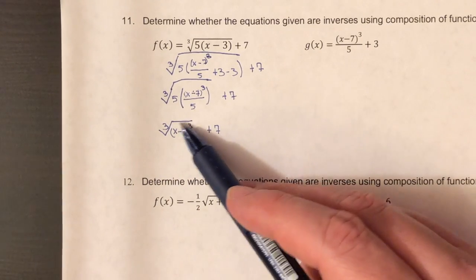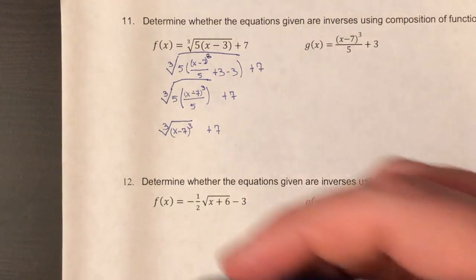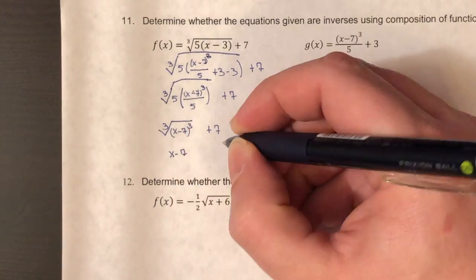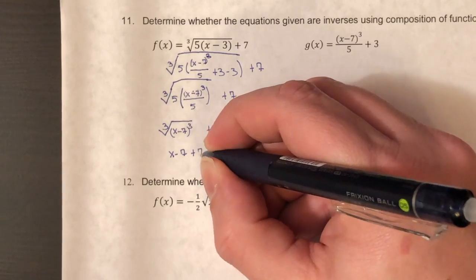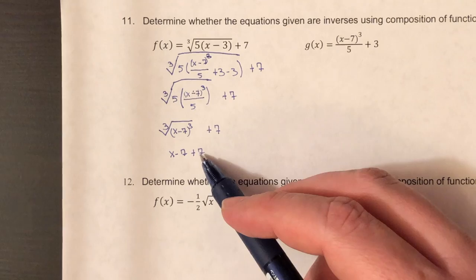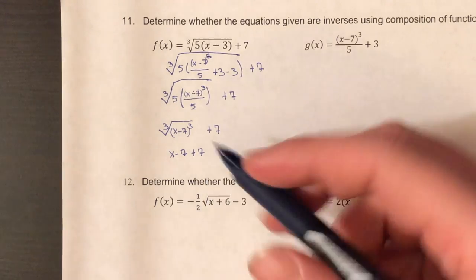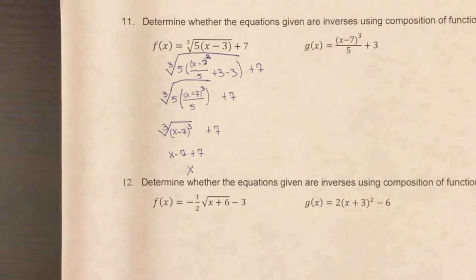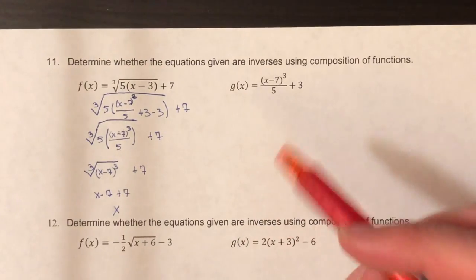Now a cube root and a cube are opposites, so that's x minus 7 plus 7. Minus 7 plus 7 sums to 0, leaving me with just x. So it worked on one side, now I need to go on the other side.